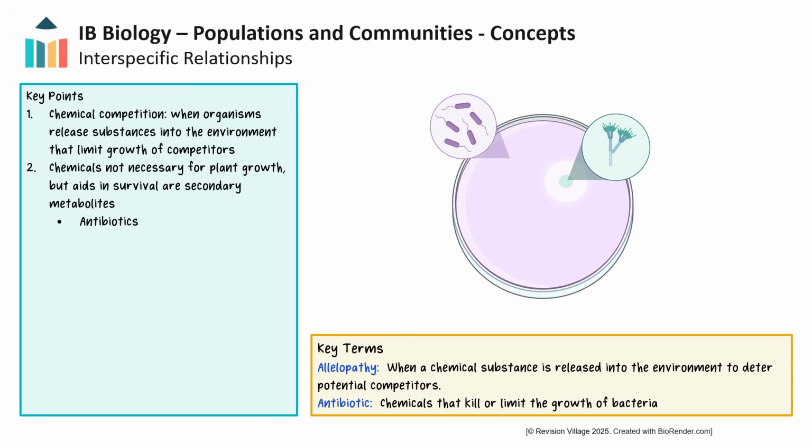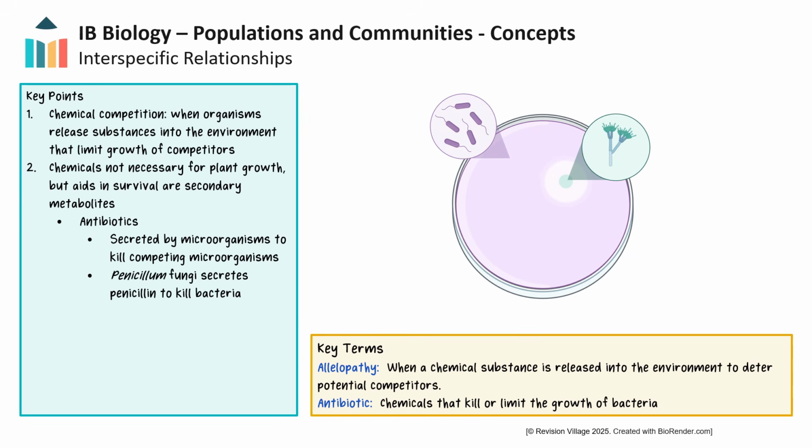Antibiotics are primarily secreted by microorganisms to reduce and control the growth of other microorganisms competing for the same resources. For instance, penicillin is a fungus that feeds through saprotrophic nutrition, that is, it digests externally. Digested compounds are easy energy sources for bacteria.